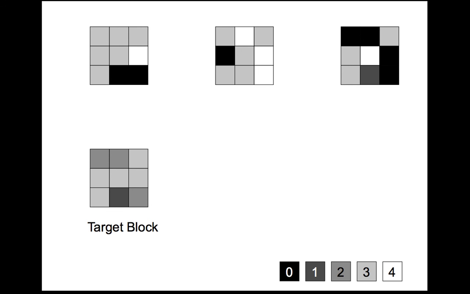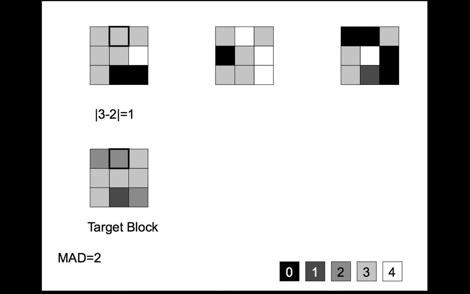Let's give each of these candidate blocks a score. In reality, the blocks would be 8 by 8 pixels, but that's the same, just more math. So the difference here, 3 minus 2 gives us 1. Between this pixel and this pixel, it's 3 minus 2 again, which gives us 1.